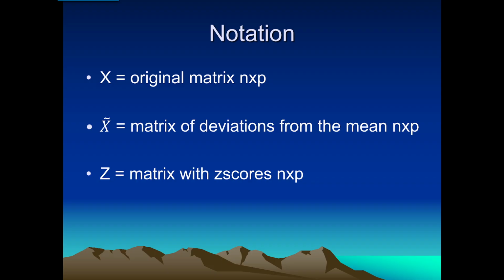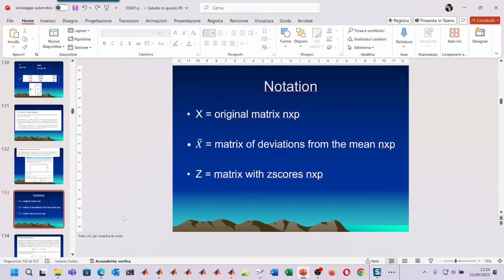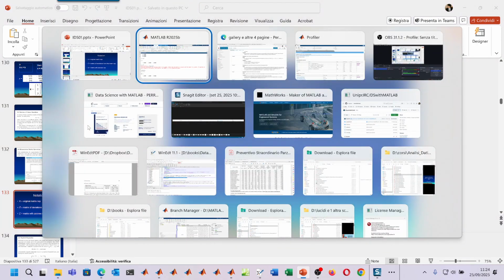Okay. In what follows, the notation that we are going to use is x, our original data matrix, which is n times p. If it is a table, we are going to use generally xt to denote that it is a table. On the other hand, x tilde is the matrix of deviations from the means. Z is the matrix of z scores. Let me say something.